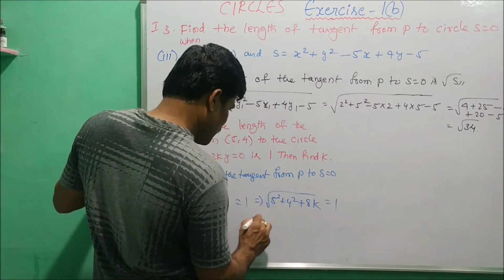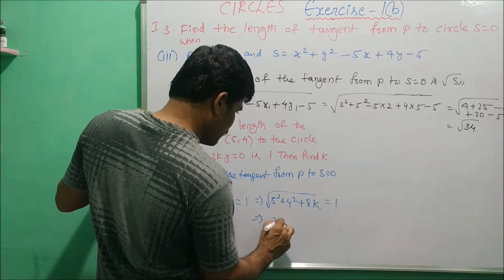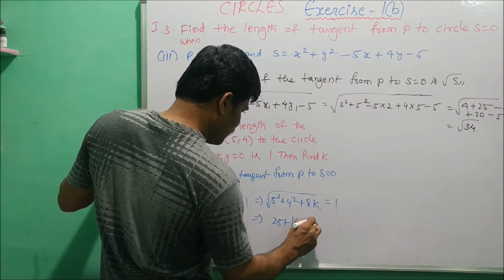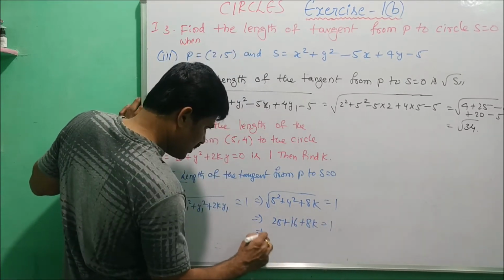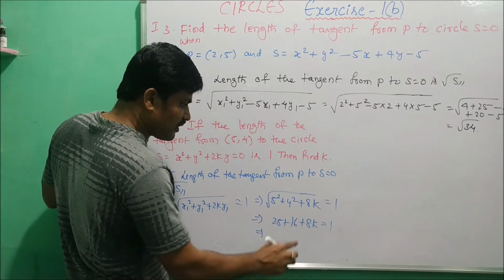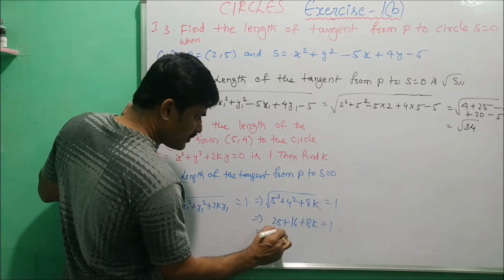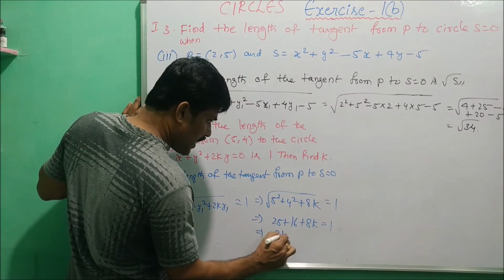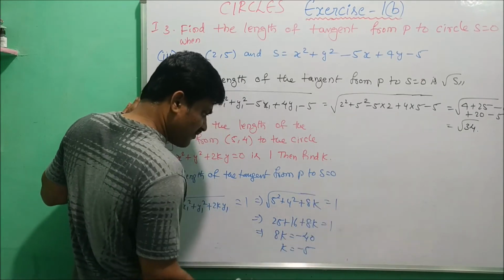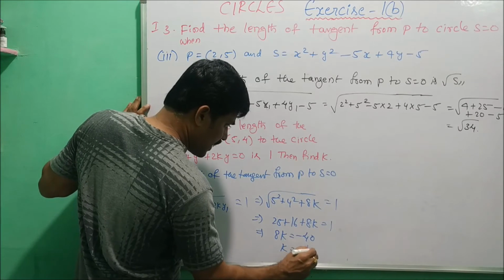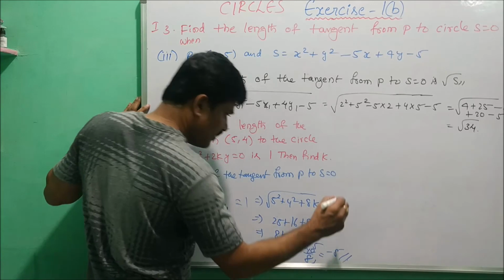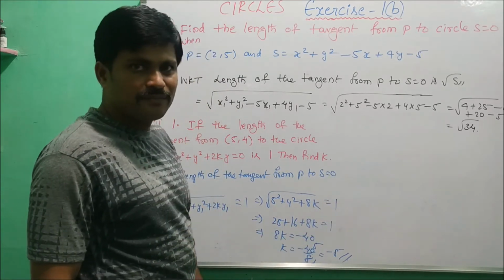Now squaring on both sides, this is 25, this is 16, this is 8k, equals 1. 25 plus 16 is 41, 41 minus 1 is 40. Now 8k equals minus 40, so k equals minus 40 by 8. Cancelling with 8, that is minus 5. So this is the value of k. This is the solution.